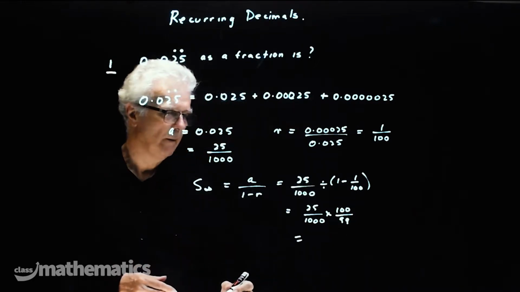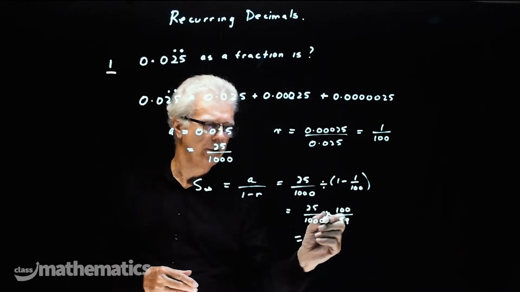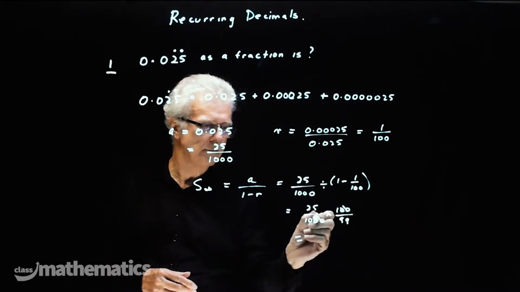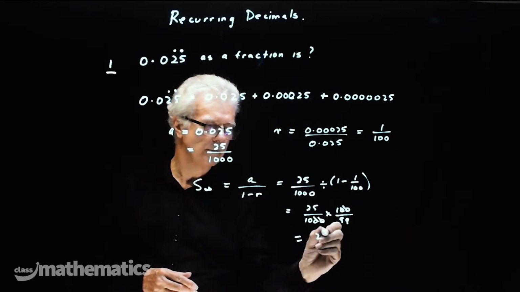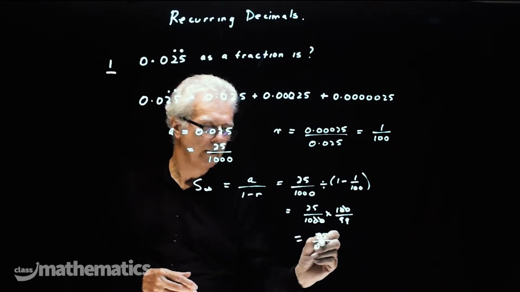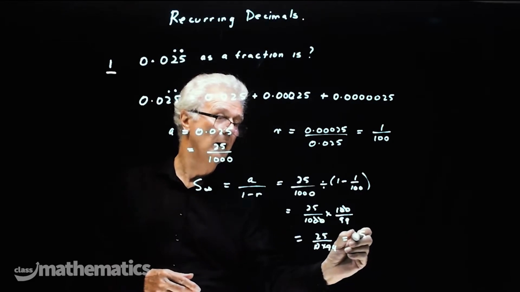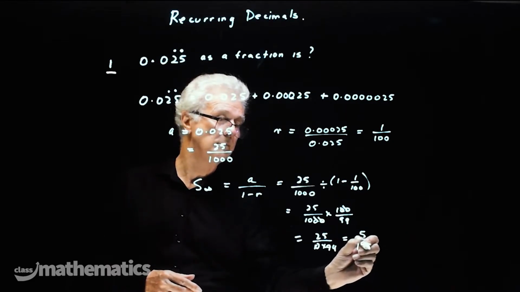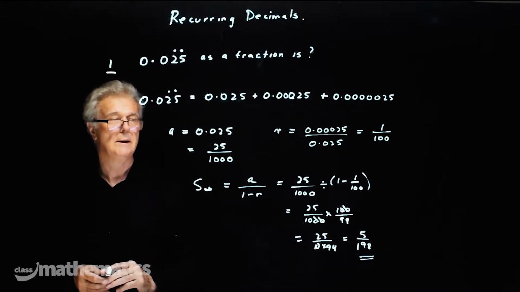Okay, so that becomes, now you'll see that's 25, these will go out, and you get 25 over 10 times 99, and that comes out to, on the calculators, 5 over 198 as your fraction. Done.